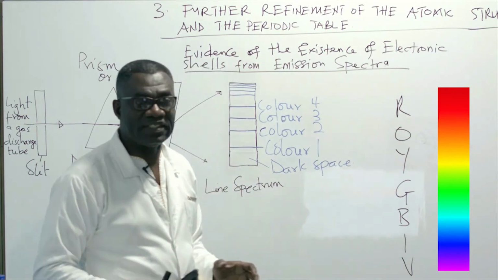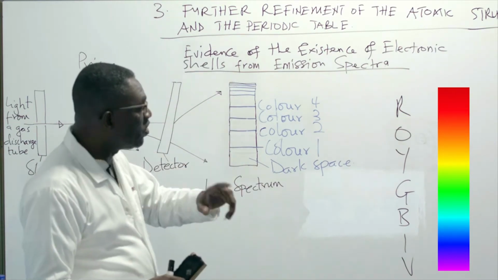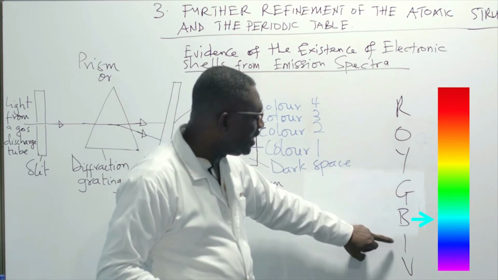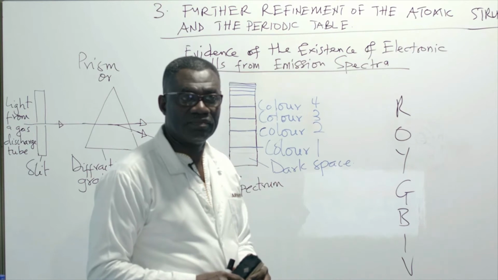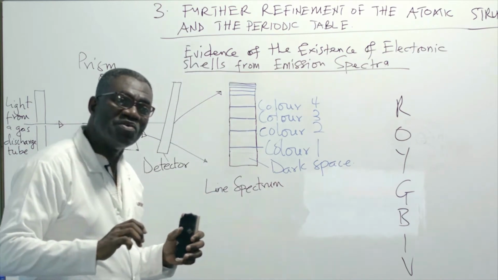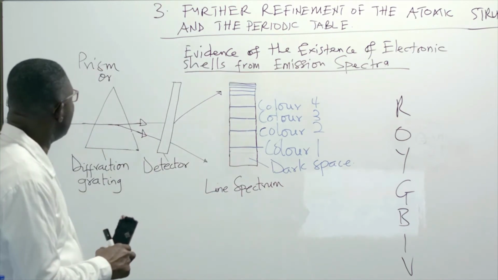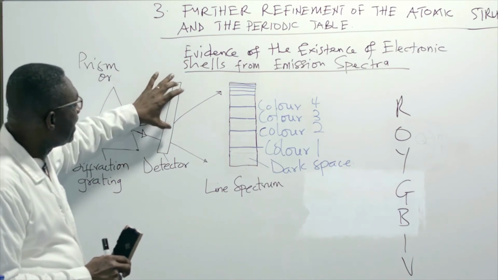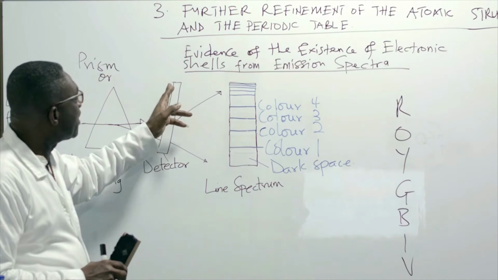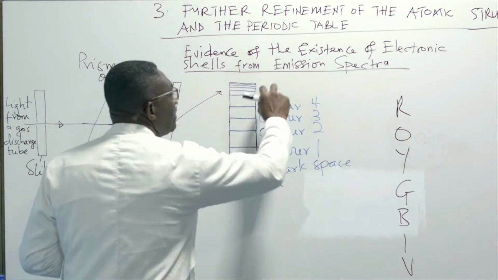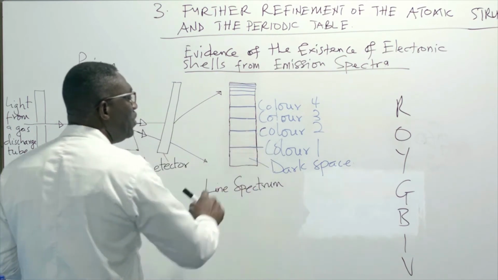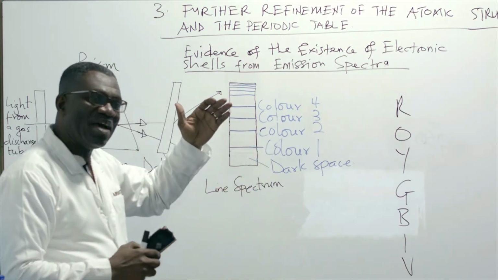So for any white light, just like the rainbow, the colors of the rainbow are red, orange, yellow, green, blue, indigo, and violet. If you have pure white light and you throw it onto a prism that diffracts it on a detector, you are going to see red, orange, yellow, green, blue, and they emerge into each other.